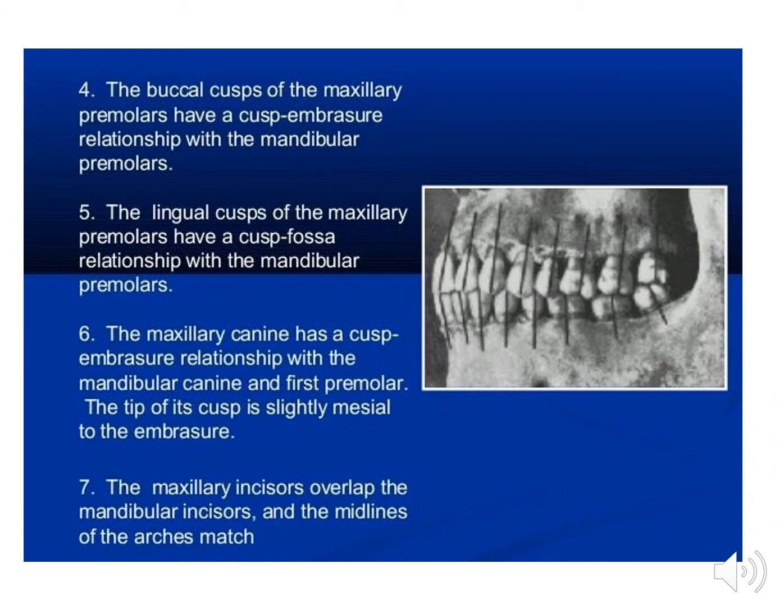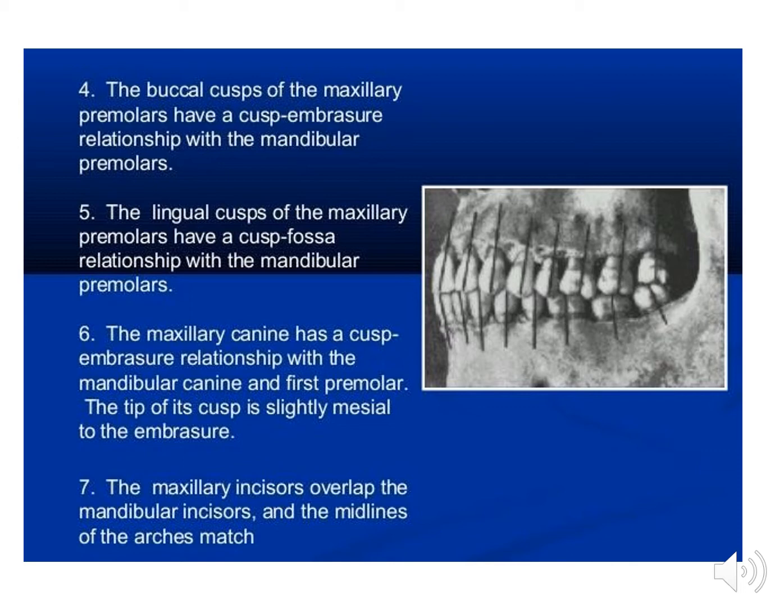Number 4. The buccal cusps of the maxillary premolars have a cusp-embrasure relationship with the mandibular premolars. Number 5. The lingual cusps of the maxillary premolars have a cusp-fossa relationship with the mandibular premolars. 6.